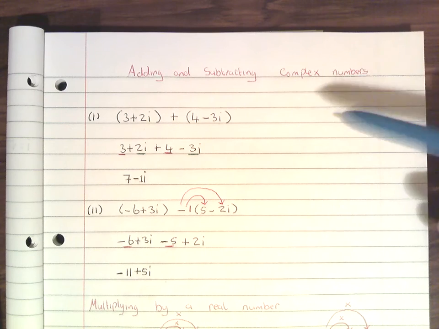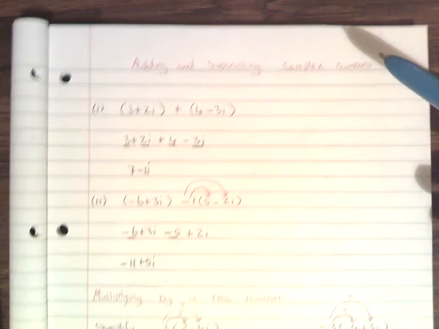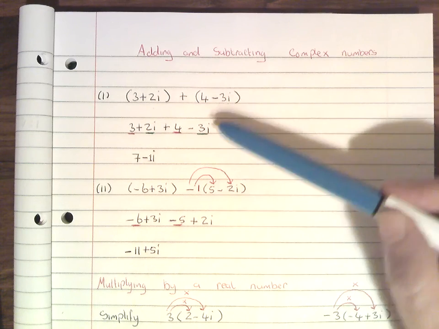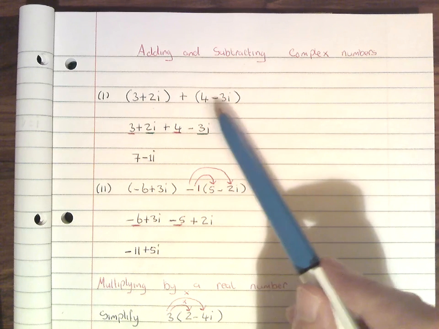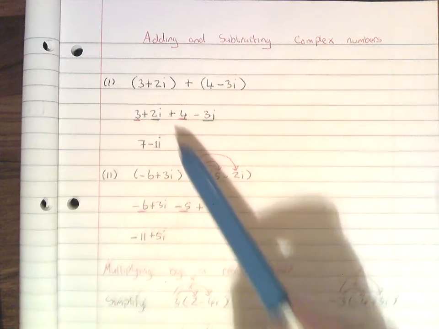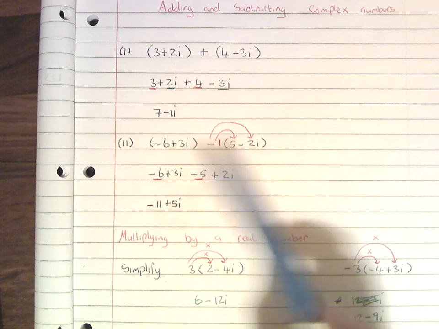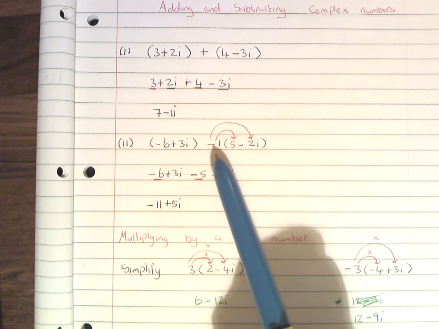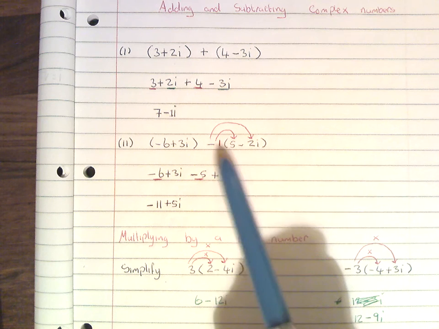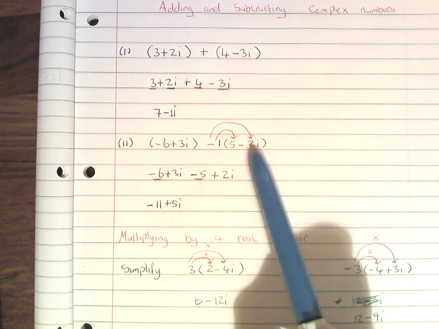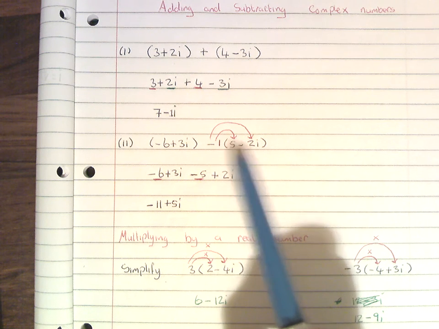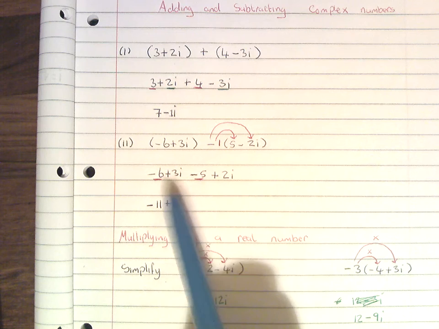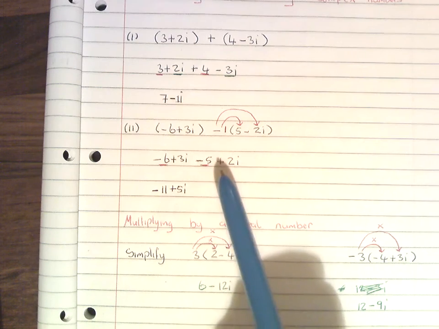Okay, so that is just looking at adding and subtracting complex numbers. When we're adding them, we just add the real parts and add the imaginary parts, like we've done here. With this one, when we're subtracting them, you just need to be careful if you have something like this where there's a bracket, because if you have a minus in front of a bracket like this, this minus will change the signs inside the bracket because you have to multiply each term by -1, and then you just collect up the real parts and the imaginary parts like so.